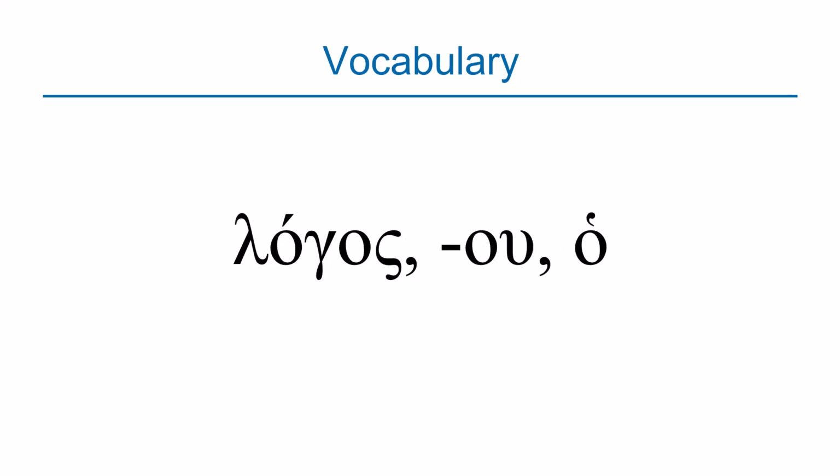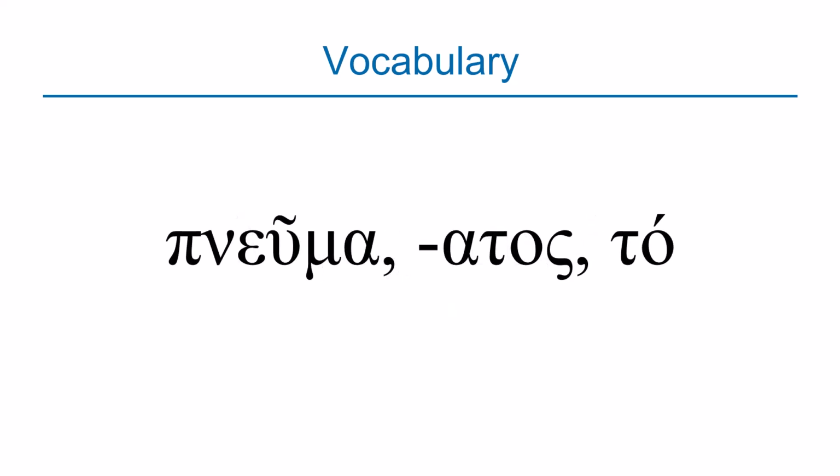The other word is logos, and logos means word. The next word is pneuma. You have pi, nu, epsilon, upsilon, mu, alpha. Remember, that is not V, it's N. So it's pneuma, and pneuma means spirit.